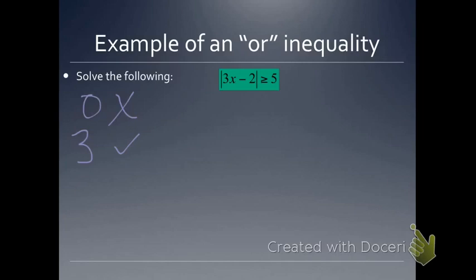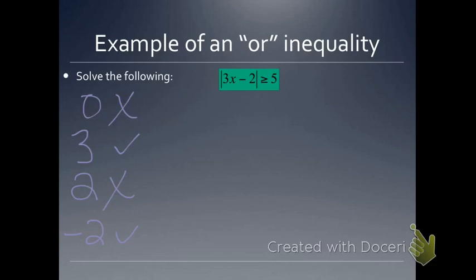Let's try 2. 3 times 2 is 6. Minus 2 is 4. That does not work. So somewhere between 2 and 3 it starts working. Let's try some negative numbers. Let's try negative 2. Negative 2 times 3 is negative 6. Minus 2 is negative 8, which becomes positive 8.